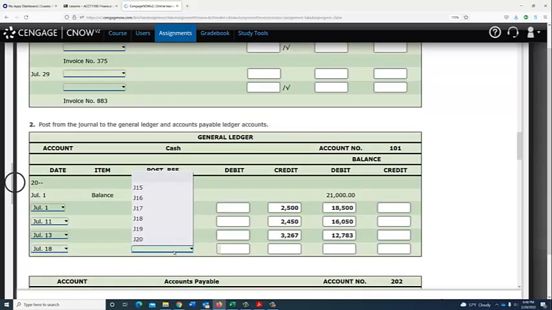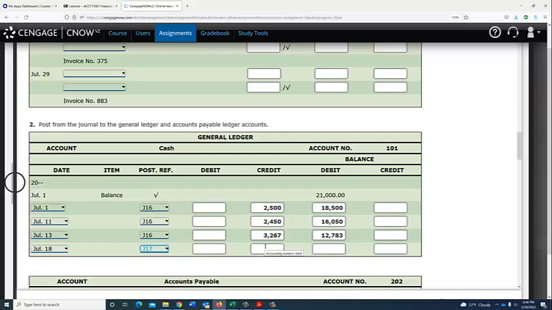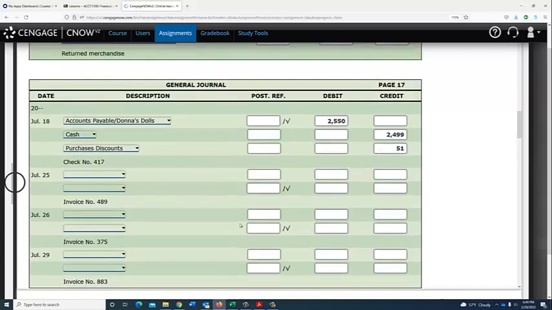So that's on the 18th. That credit was for $24.99. So we've got $12,783 in cash. We're going to subtract $24.99 and we get $10,284. Okay, everything's been entered, so we'll put in our posting reference.